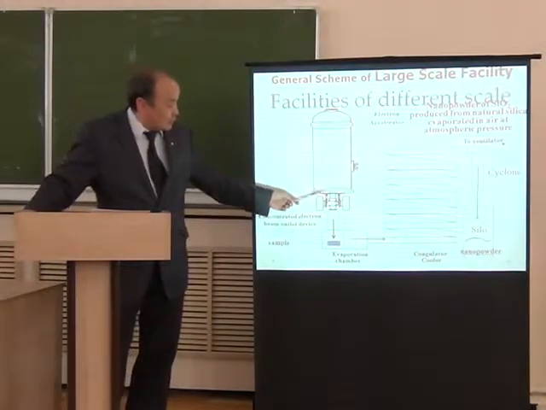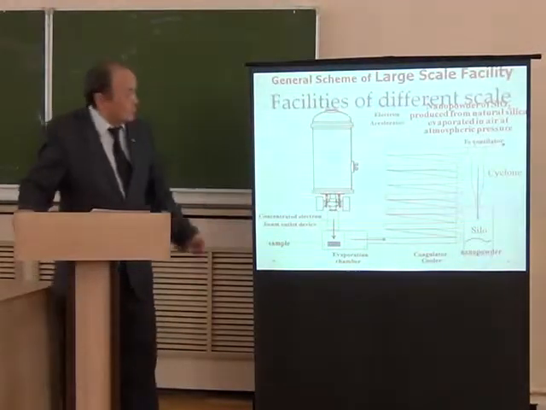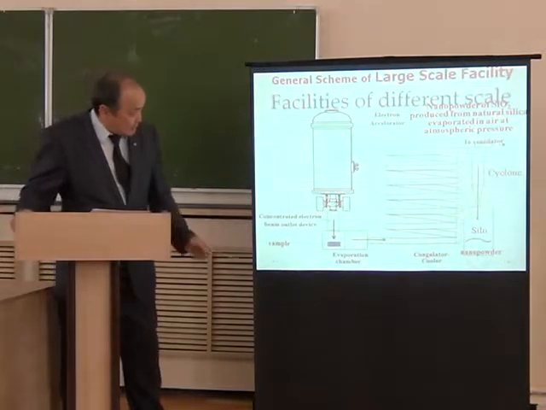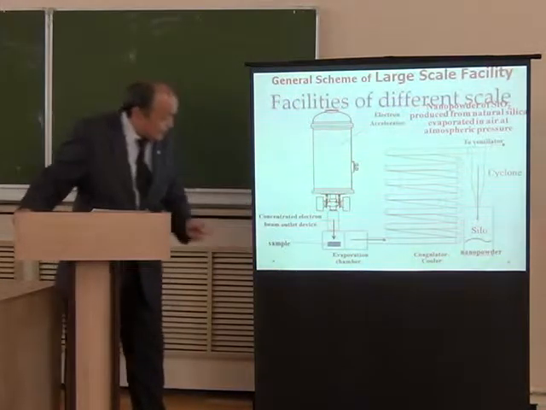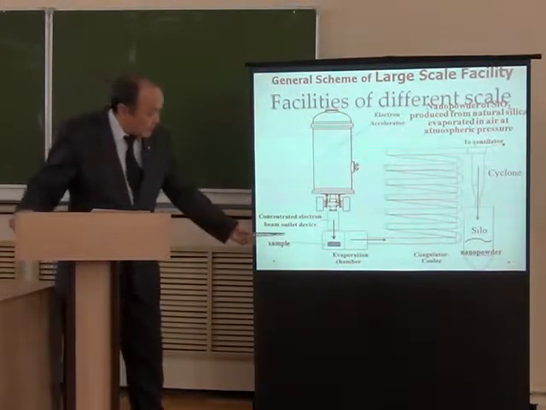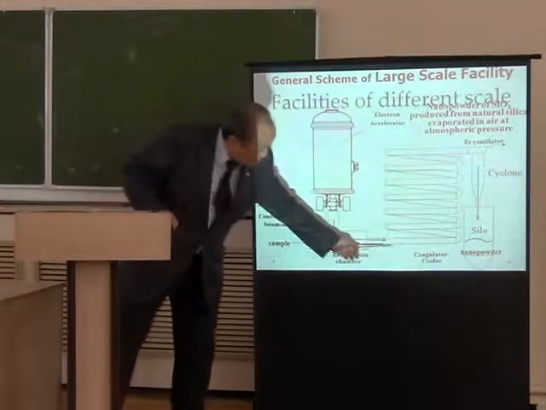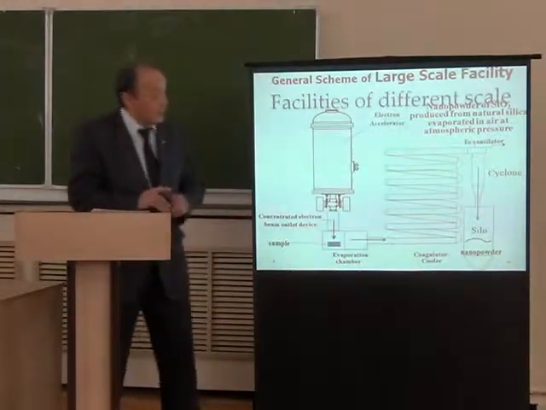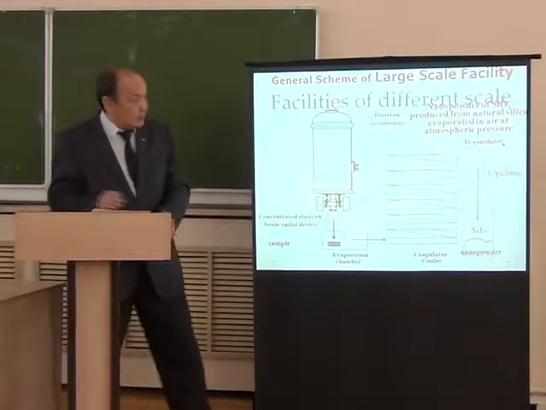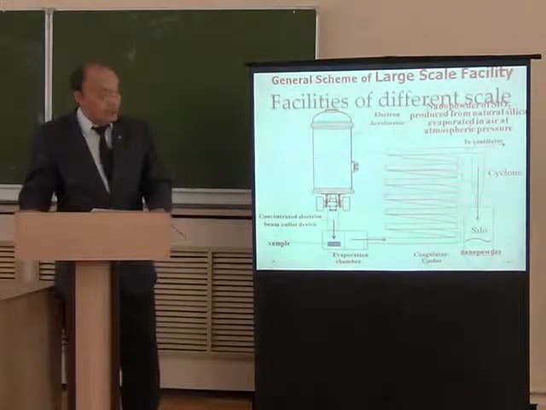Electron beam from the electron accelerator irradiates the sample. Vapor from the sample moves to the coagulator cooler and is collected in this volume.